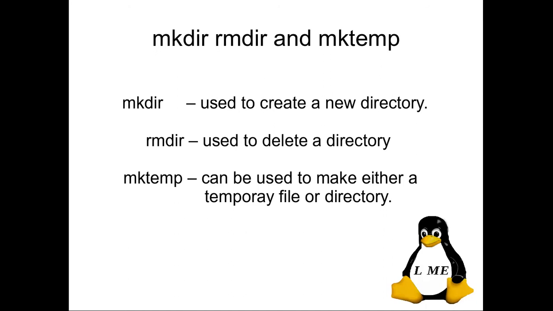It's going to remove or delete a directory from your file system. And mktemp can be used to create either a file or a directory, which is going to be a temporary file. So these are three very useful commands that you are going to use in the Linux system on a daily basis. So let's do some examples.